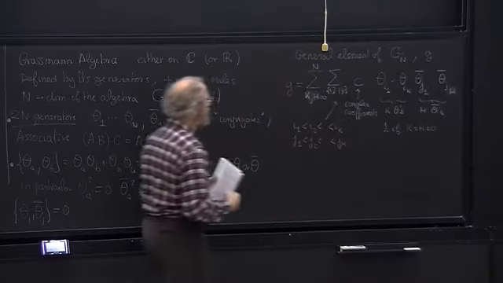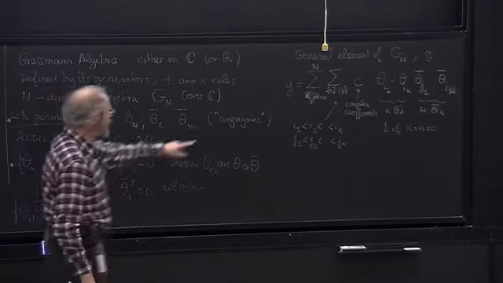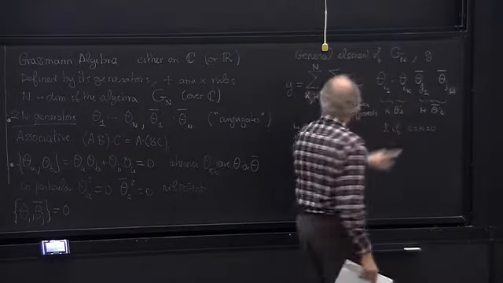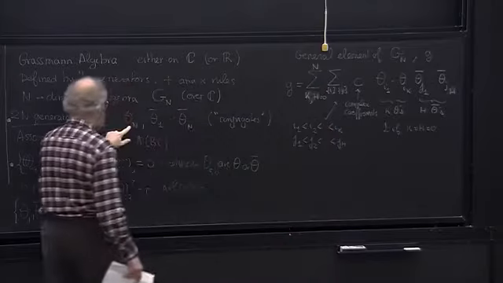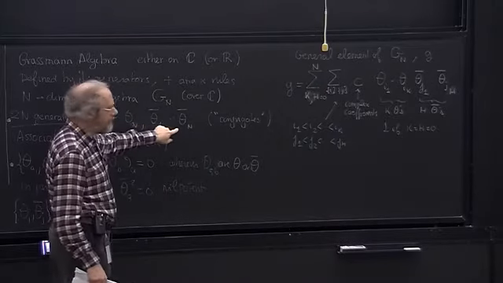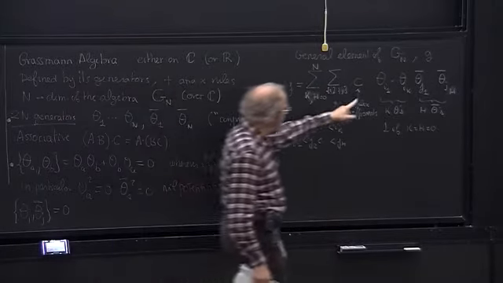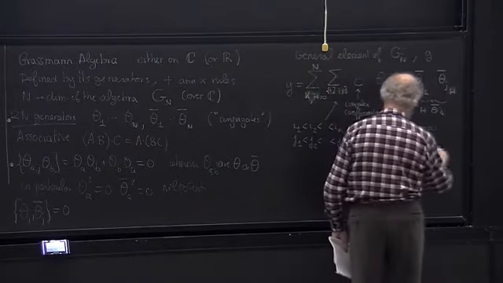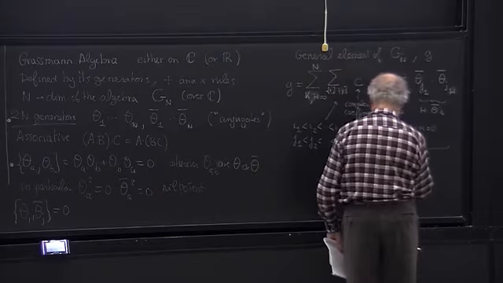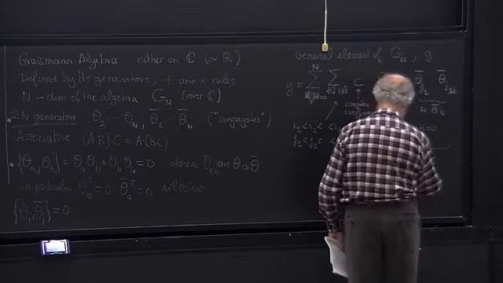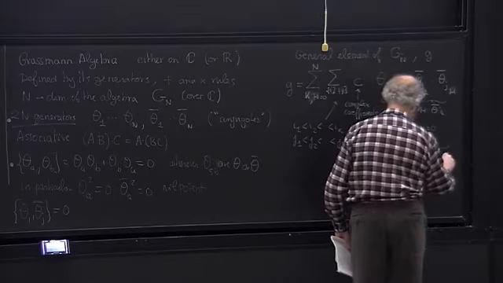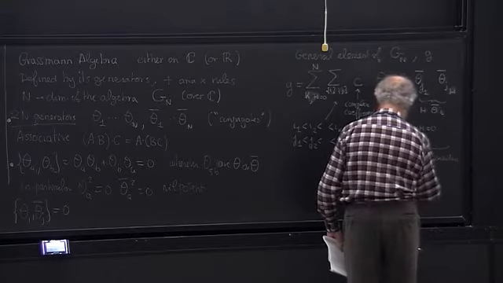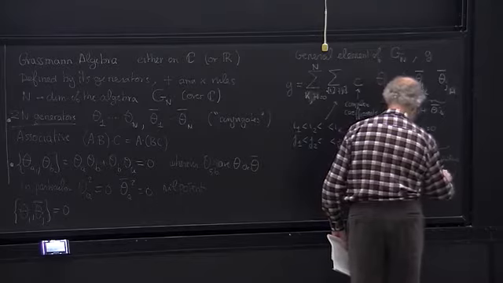So this is a choice of basis for your algebra. Out of the generators theta 1 to theta n, and theta bar 1 to theta bar n, I've chosen a basis. This defines a basis for Gn considered as a vector space on C.